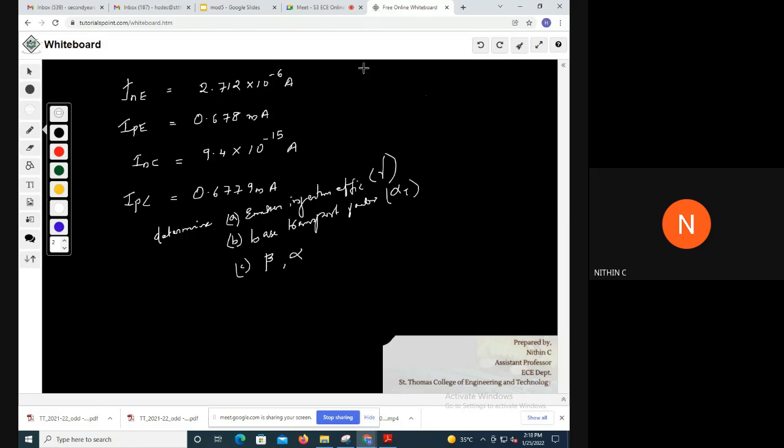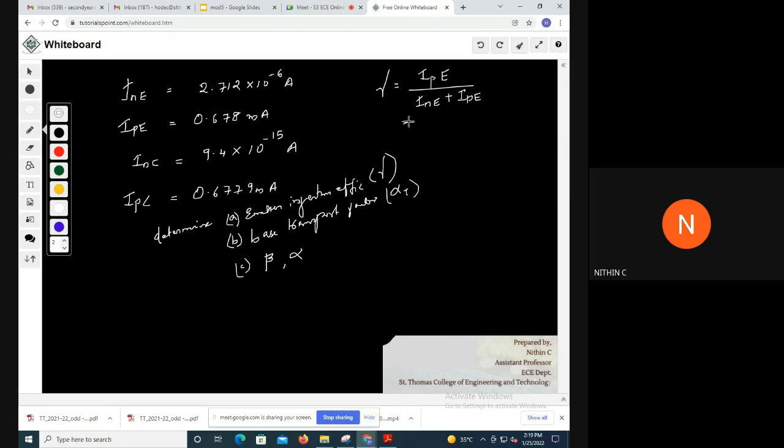First, you need to find emitter injection efficiency, its expression is IPE, I hope you remember, IPE divided by total emitter current, that is INE plus IPE. This is actually what emitter injection efficiency means. Remember, the different currents are having different units.